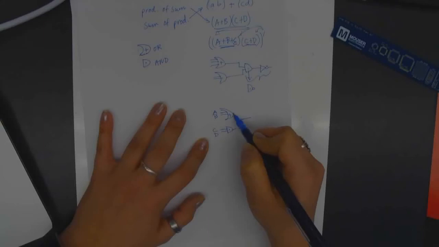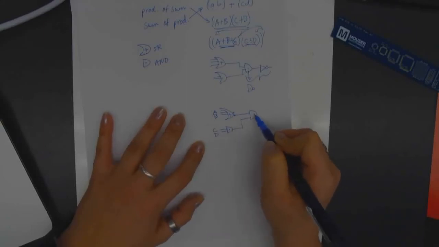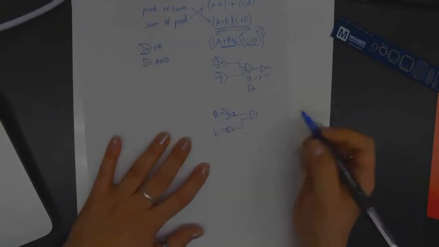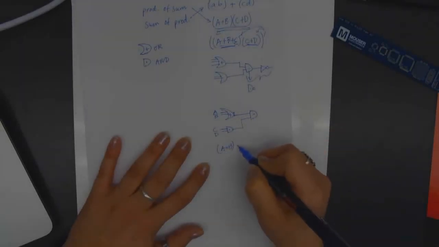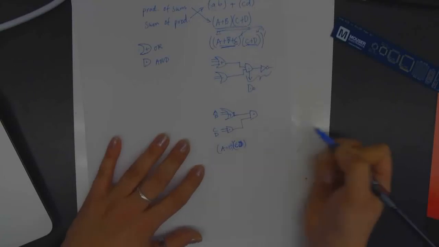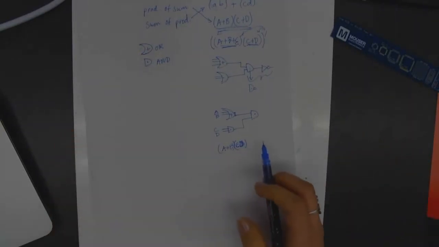Say they're going into this. So then what do we have? We have A plus B times CD, whatever, if you want to stay that way. So that's kind of something that, I don't know, have you seen something like that?